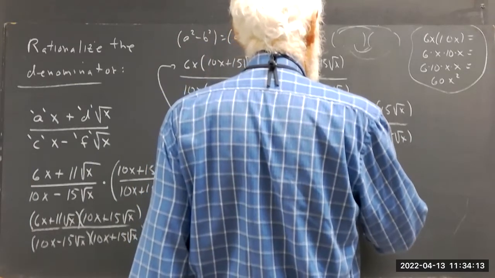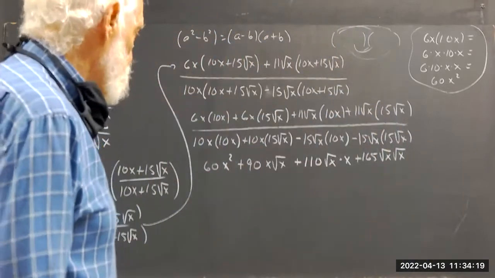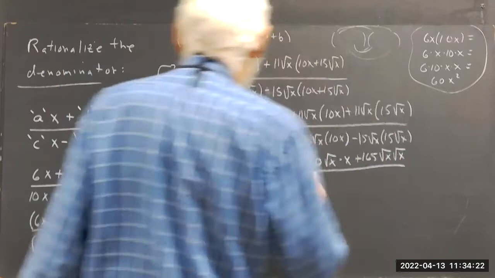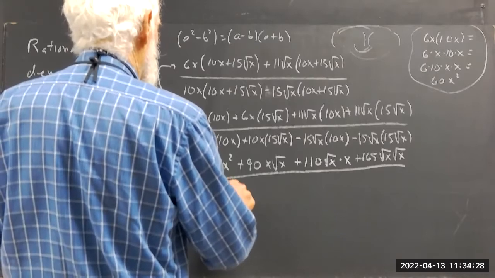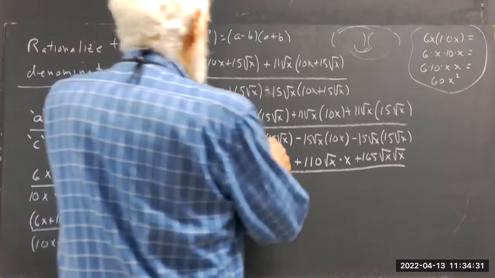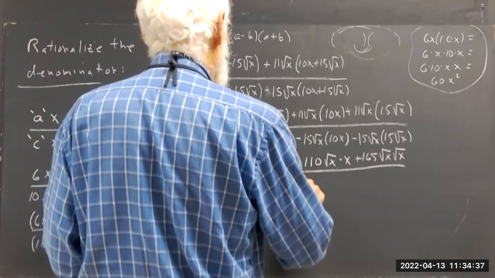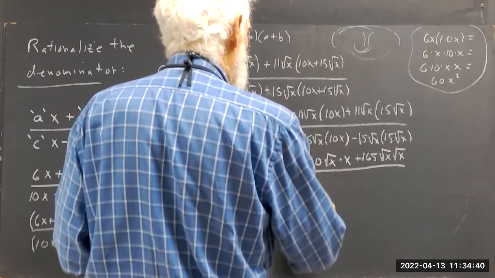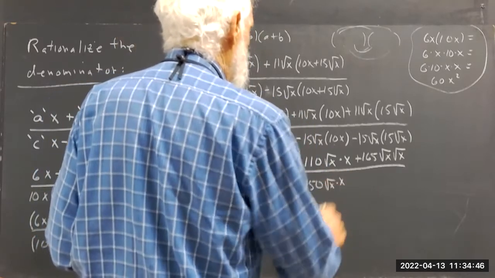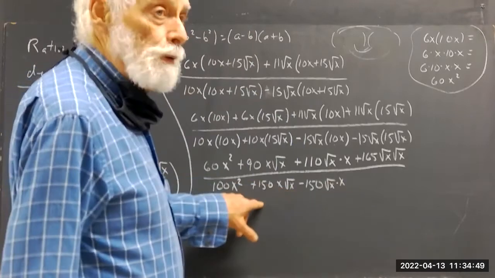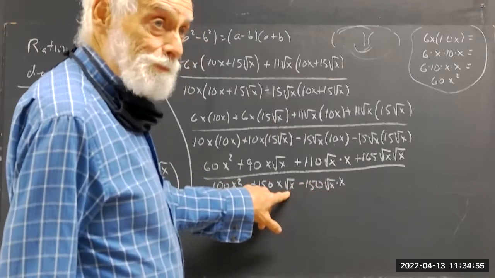And then, well, 11 times 15 is 165. And it's the square root of x times the square root of x. In the denominator, I'm not going to explain every step at this point, but 10 times 10 is 100, and x times x is x squared. Then 10 times 15 is 150, and that's x times the square root of x. And this is minus 150, square root of x times x. And at this point, you see that these two terms are the same because it doesn't matter which order you write the x and the square root of x, it's the same term.